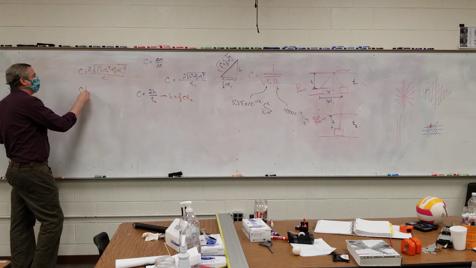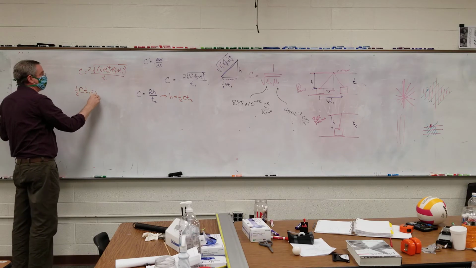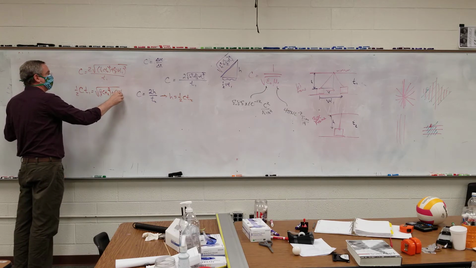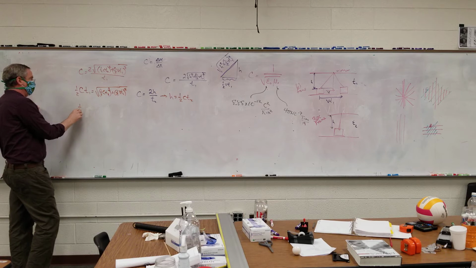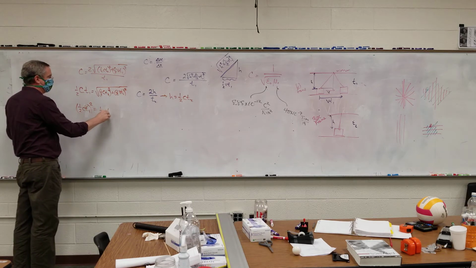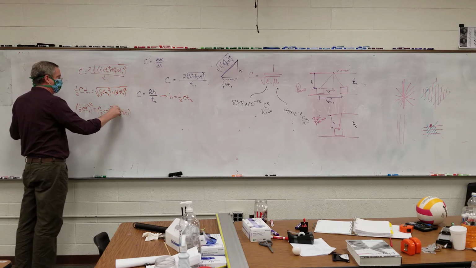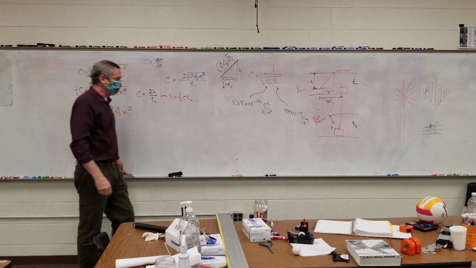So I have cT1 divided by 2 is equal to the square root of (1/2 cT2) squared plus (1/2 vT1) squared. Square both sides. I have 1/2 squared common to everything, so I'm just going to multiply everything by 4 to get rid of those 1/2 squares.